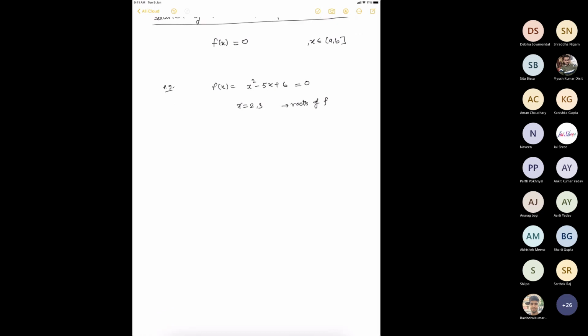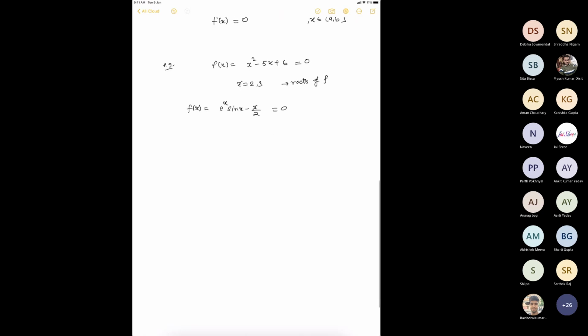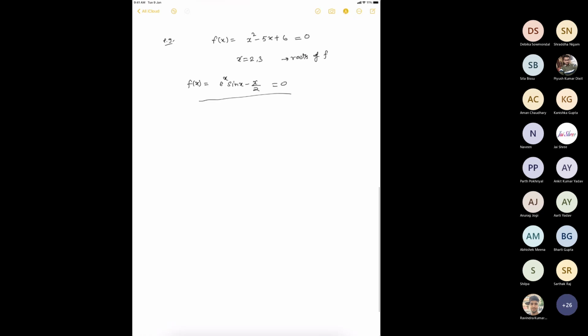But now let's change the function f. Suppose my f(x) is exponential x sine x minus x by 2, and I am interested in finding the root of f. Now you can see that it is not so evident how you will find the root of f in this case, right?